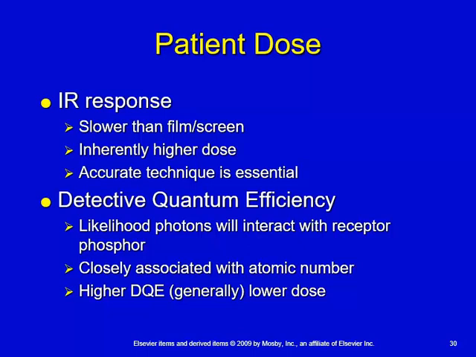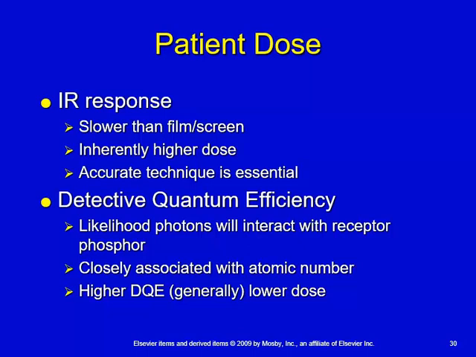So we had to increase our technique. And since our contrast was less dependent on kVp and more so on the computer algorithm, we could increase kVp and increase the patient dose less than if we were to increase the mAs.